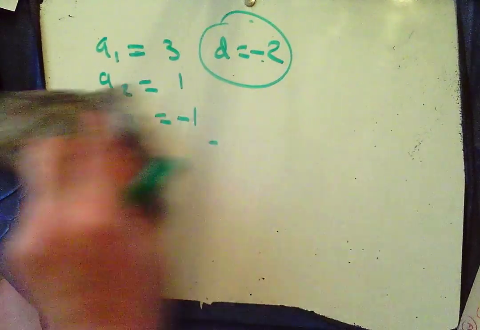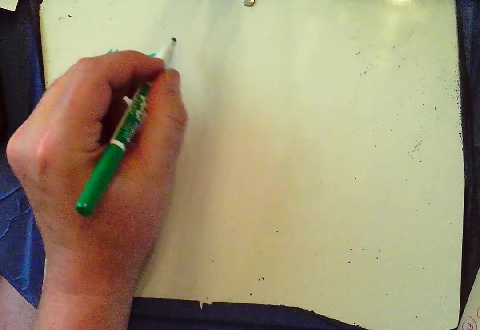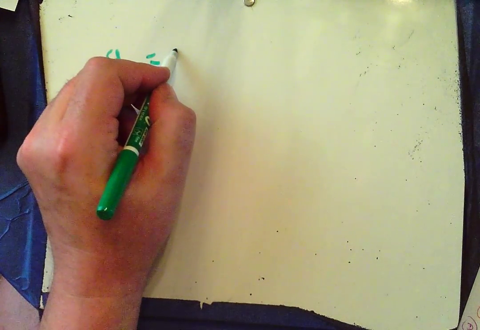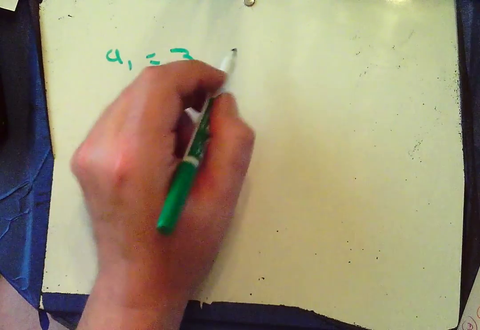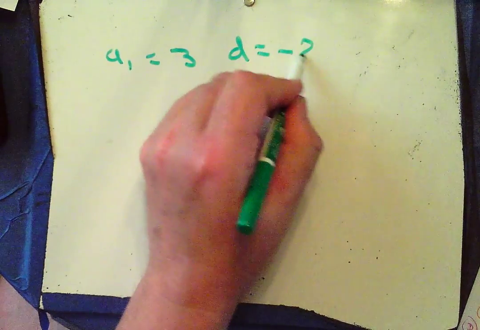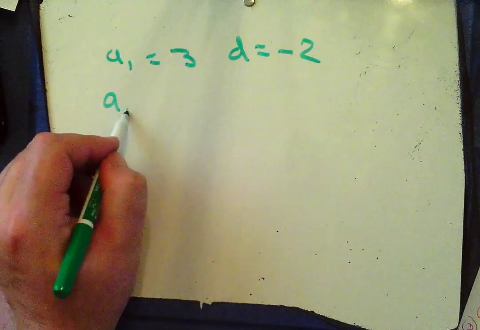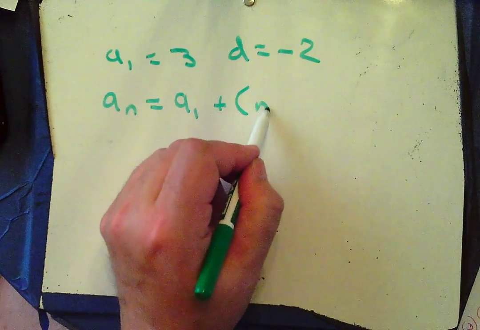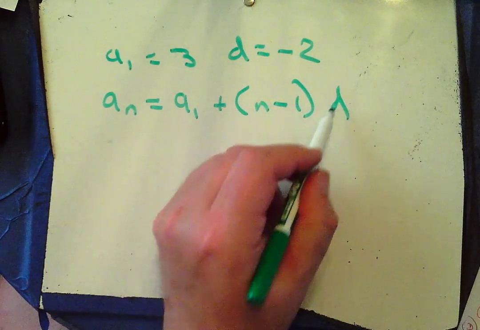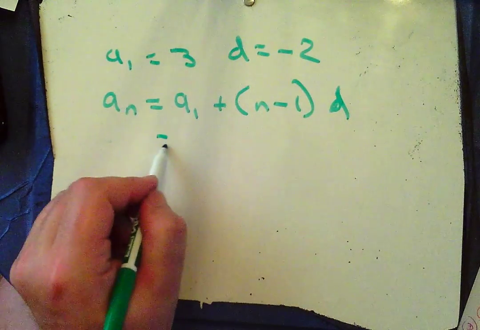But for us, again, a sub 1 equals 3 and d equals negative 2. We can build that rule, a sub 1 plus n minus 1 times d, and we'll plug in what we know.